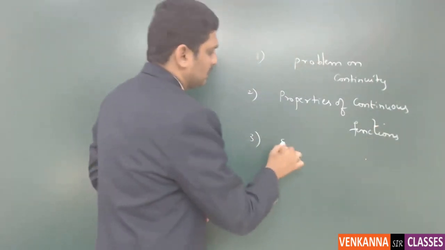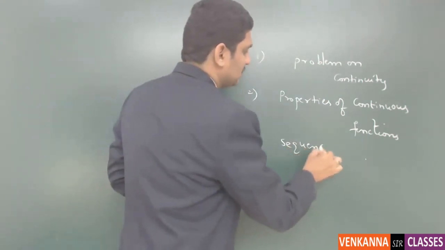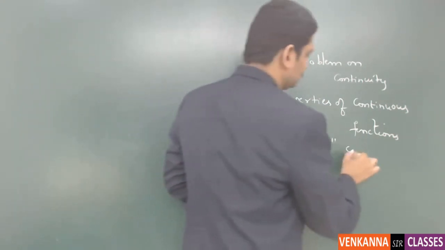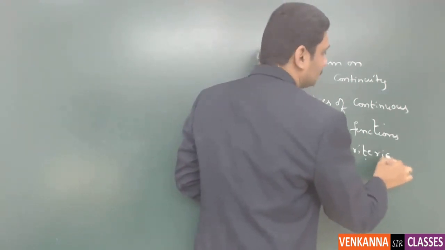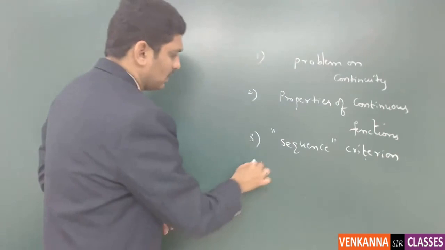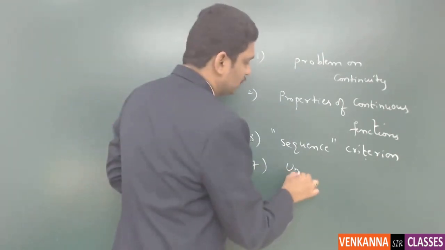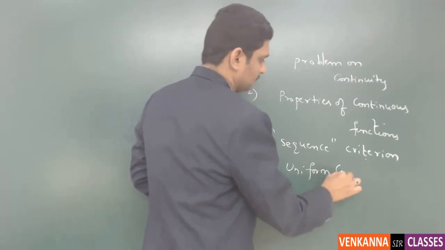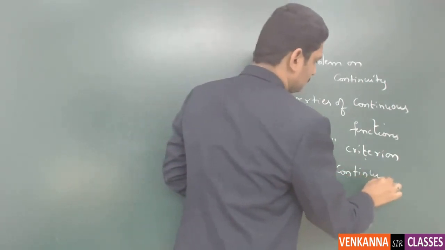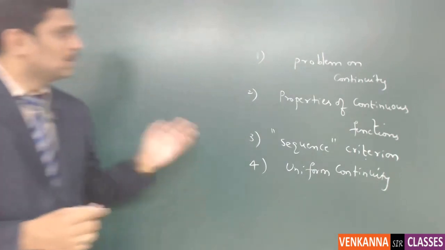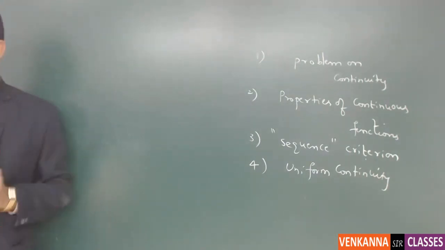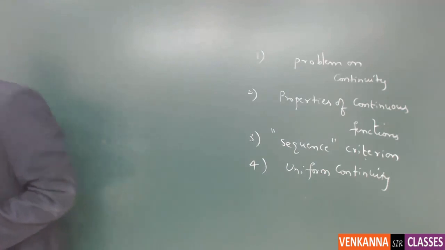Later, the concept of sequence criterion, and the last part is uniform continuity. So these things I want to focus on in today's session. Fine. So please take a note of them. After noting, you please tell.